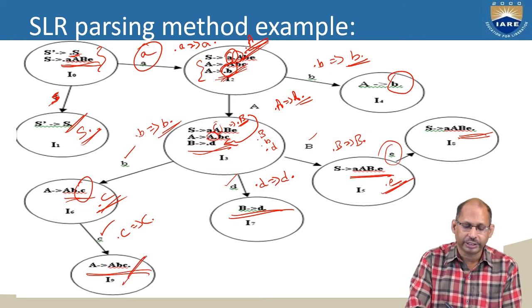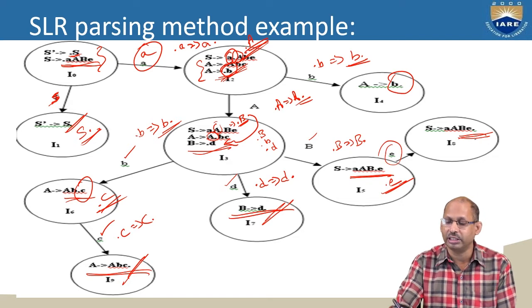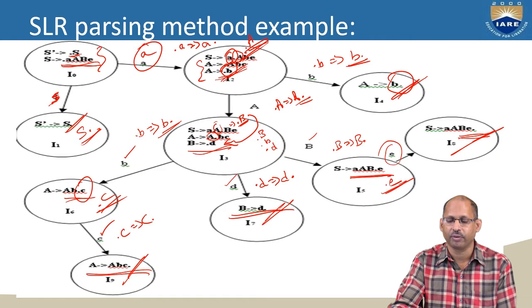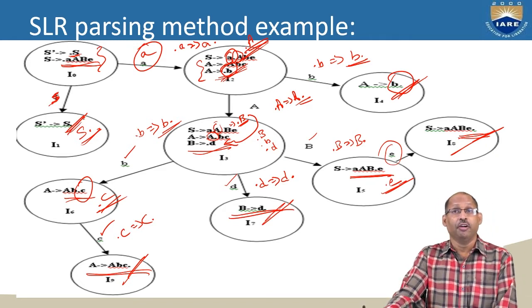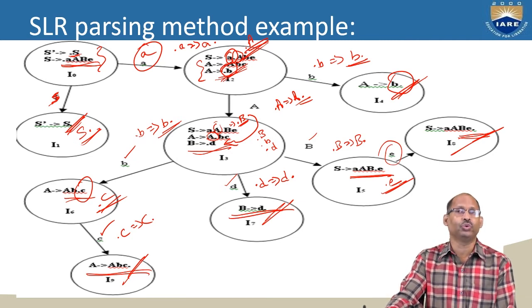Here it is a dot at the end, and here also a dot at the end. Is it clear? We are unable to have another go-to operation and find new closure groups.